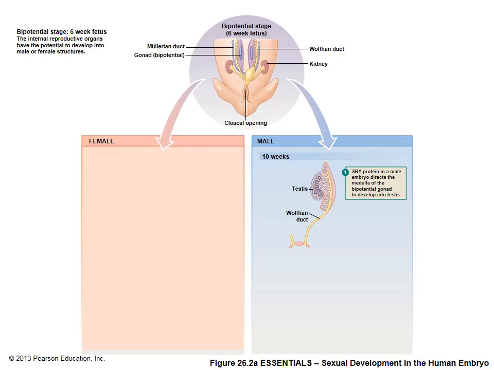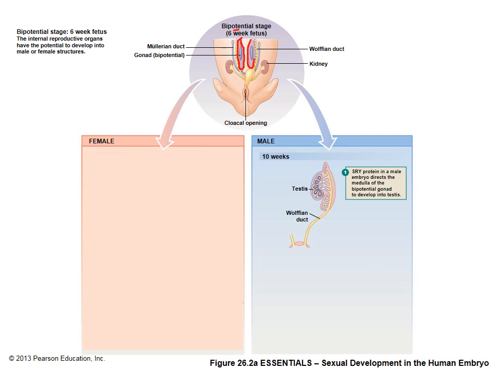Okay, so we start off by looking at the specific differentiation or development of the internal genitalia. In this picture we can see the bipotential gonads, over here, both of these.